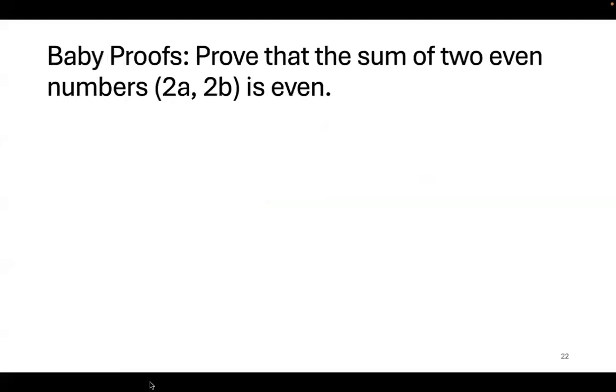Okay, so I'm going to walk through the proof where we want to show that the sum of two even numbers is even. So I've got an even number, 2a. I know it's even because it's divisible by 2. I've got an even number, 2b. I know that's divisible because it's got a 2 there.